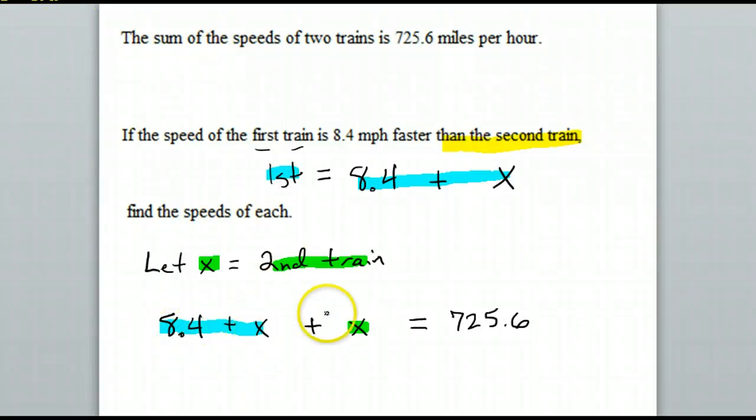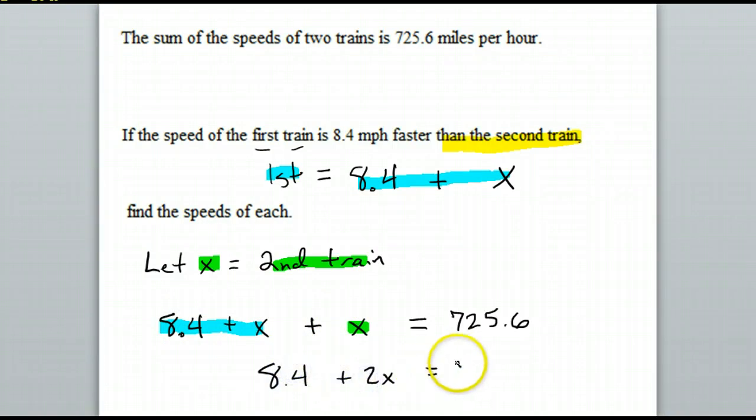Alright, combine like terms, so I've got 2x's: 8.4 plus 2x equals 725.6. Subtract 8.4 from both sides.